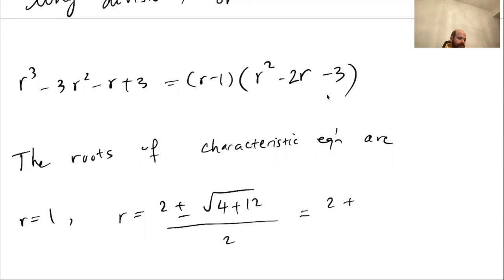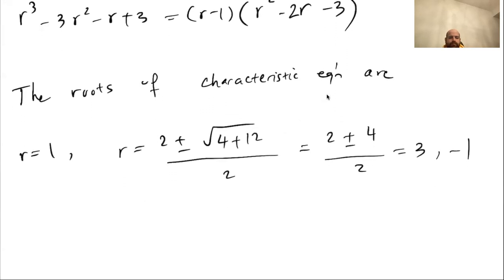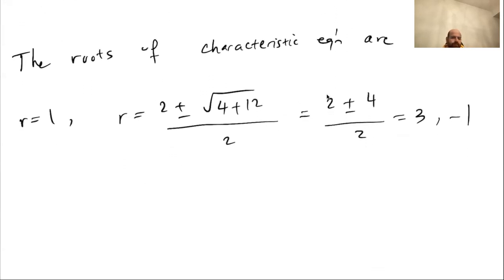So this is 2 plus minus root 16, which is 4, divided by 2. So this is 2 plus 4, 6 over 2, which is 3. And 2 minus 4, minus 2 over 2, is minus 1. So we found three roots: r1 equals 1, r2 equals 3, r3 equals minus 1.